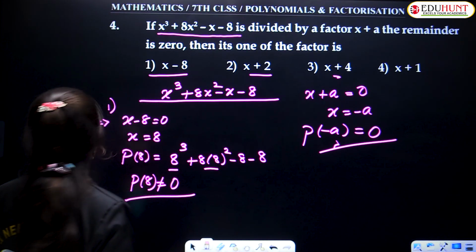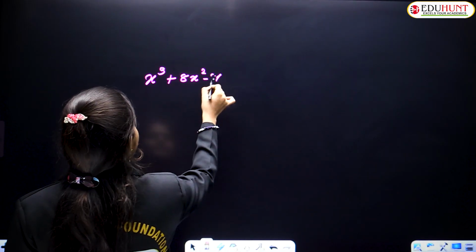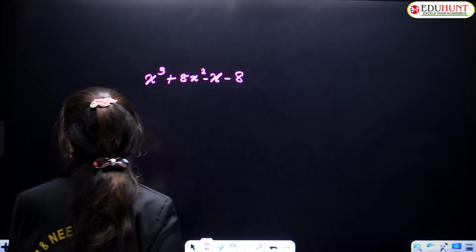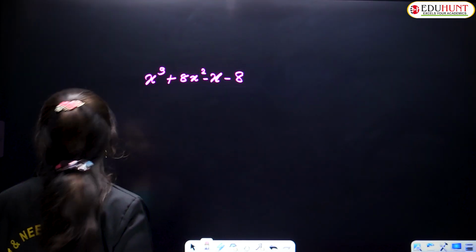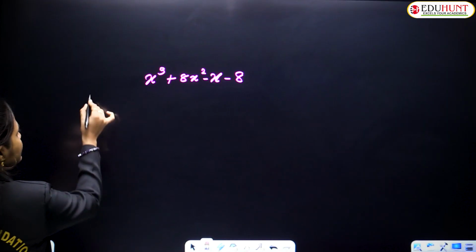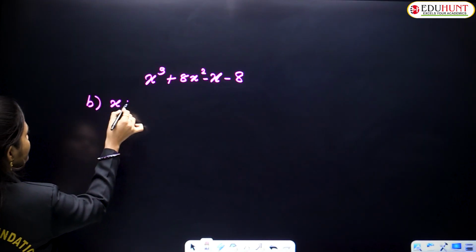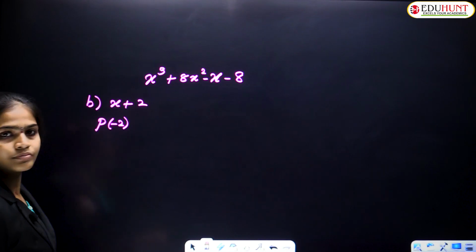Next, the second option. What is the second option? x plus 2. x cube plus 8x square minus x minus 8. So, the second option, x plus 2, means here p of minus 2. Understand?